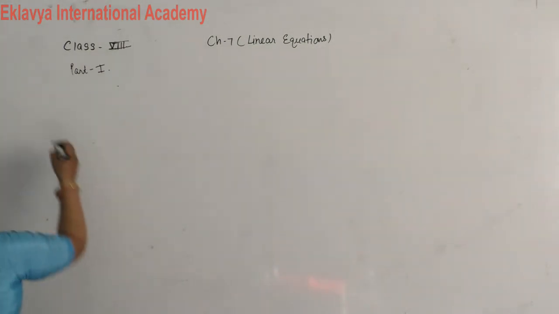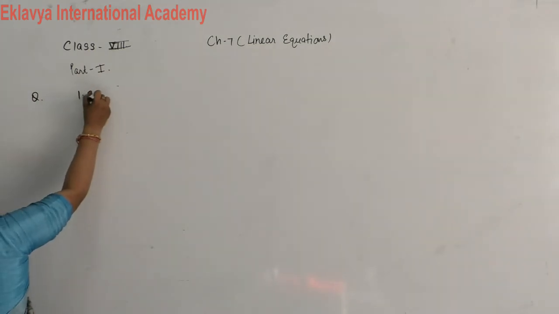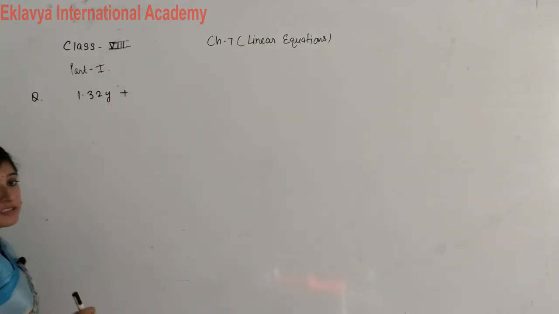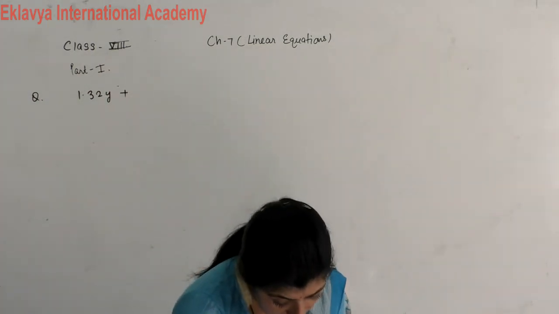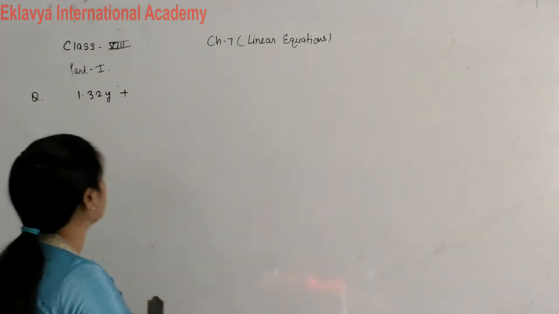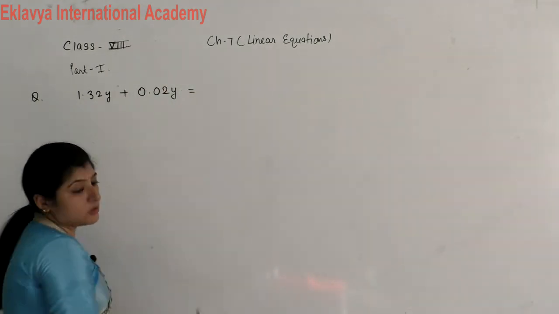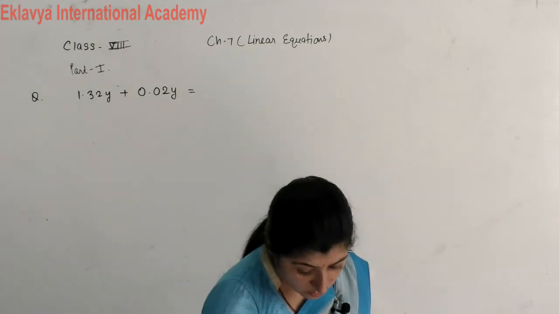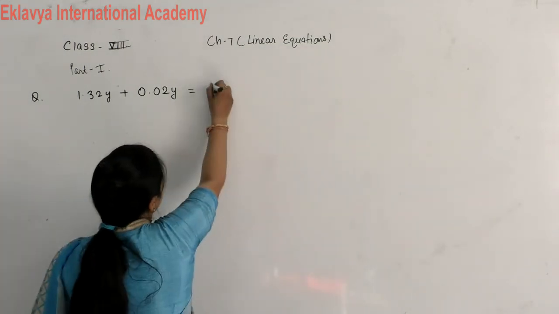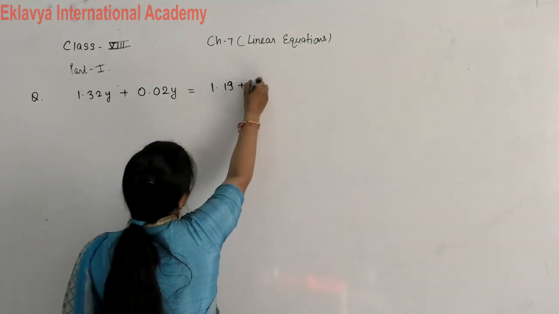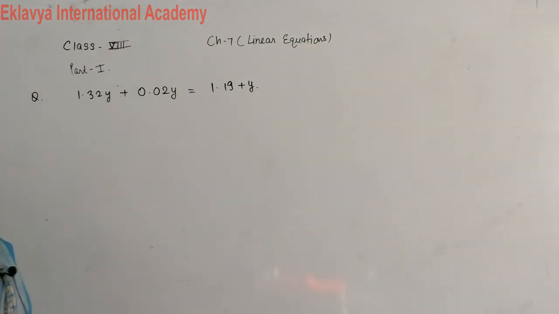1.32y plus 0.02y is equal to 1.19 plus y. Solve this one.